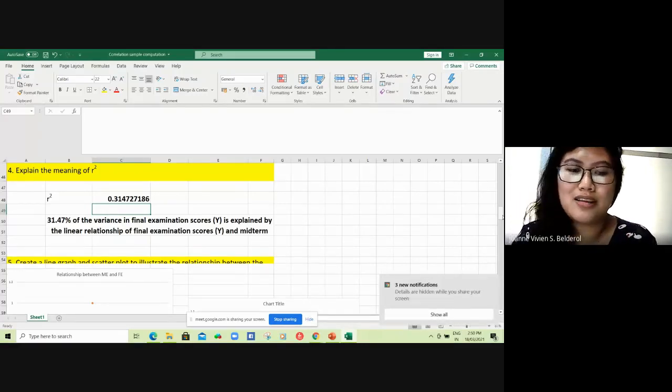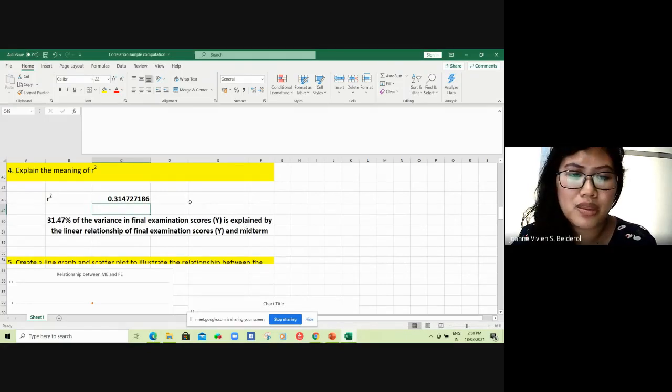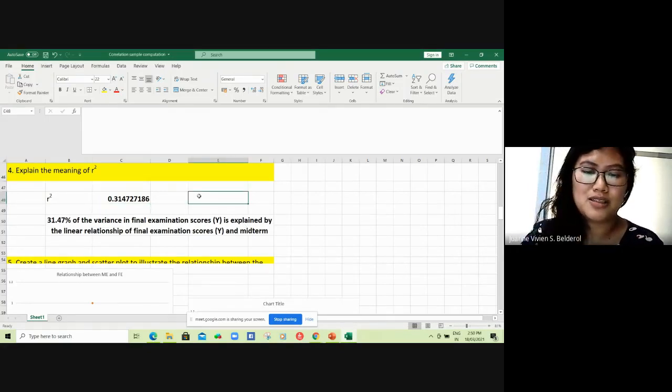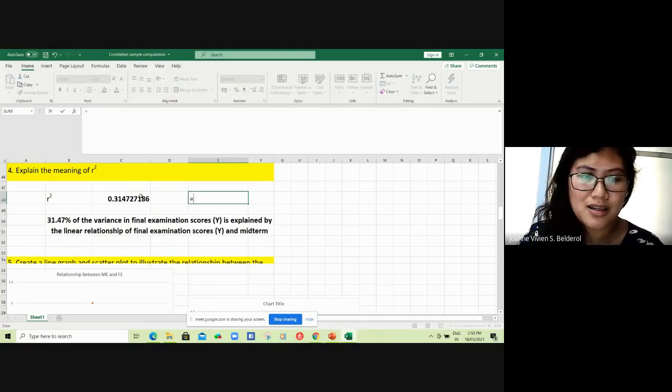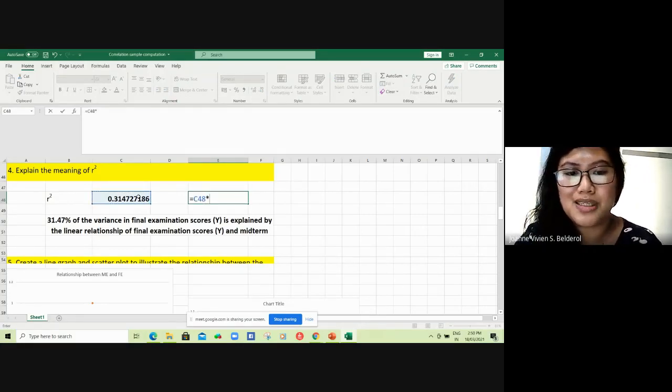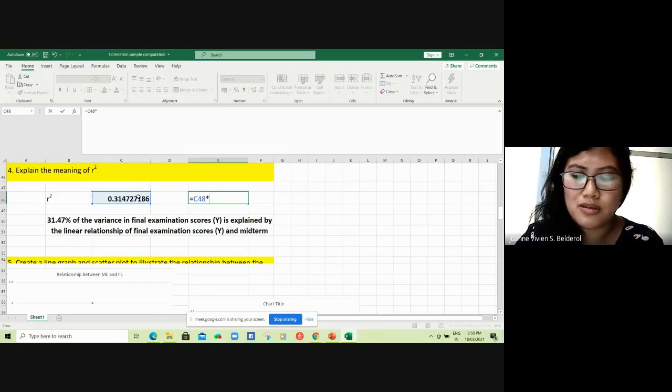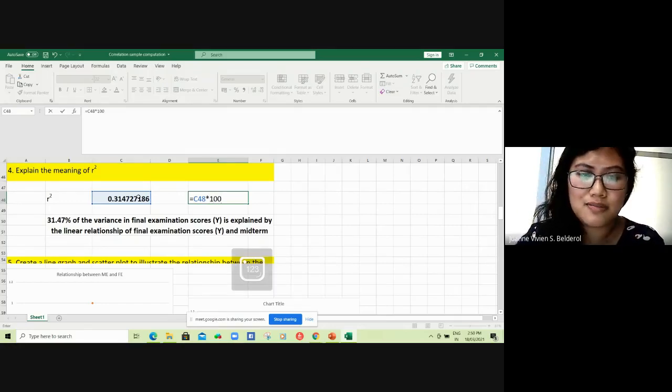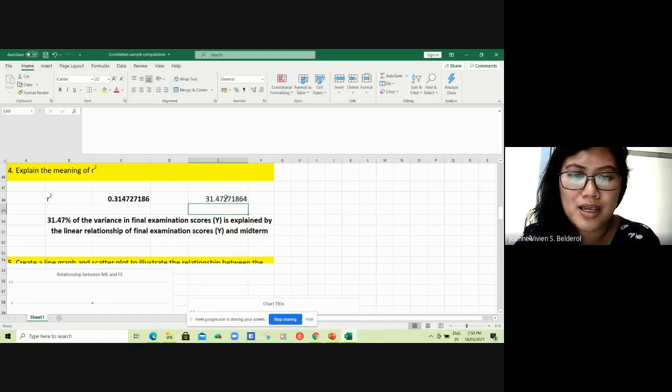Now, remember that your R squared needs to be in percentage form. So, what you do is equals this one times, the symbol for times is asterisk, times 100. So, now you have the percent, 31.47. So, that's your R squared.